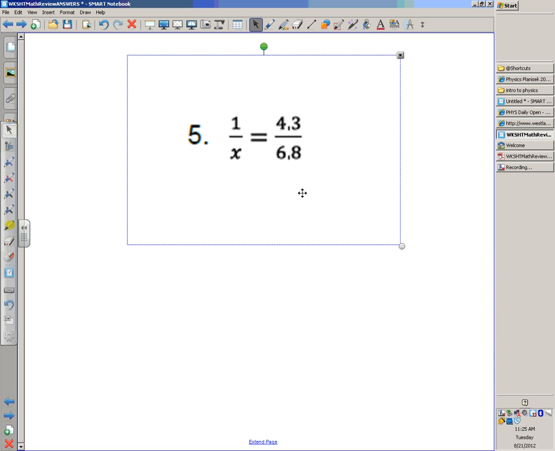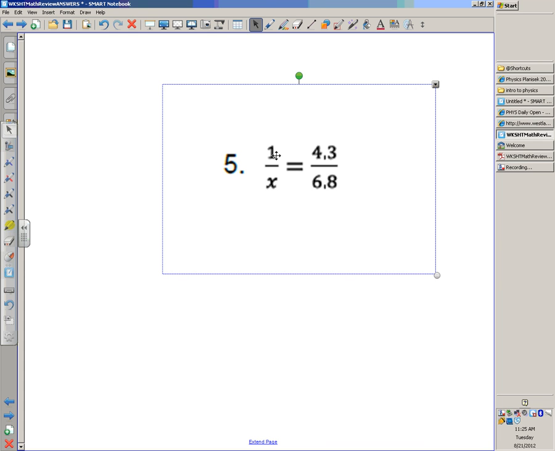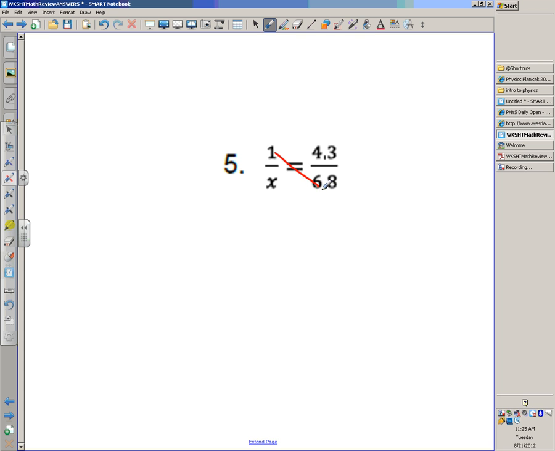Fraction equal fraction. Mathematically, what can I do there? Cross multiply. That's what I think to do first. So, if I cross multiply here, like this, I end up with 6.8 times 1. You don't have to show me all these steps. I'm just showing you this is the first time we've done this. Equals 4.3x. I think we can probably handle it from this point, right?